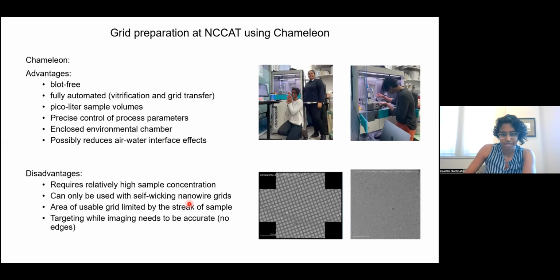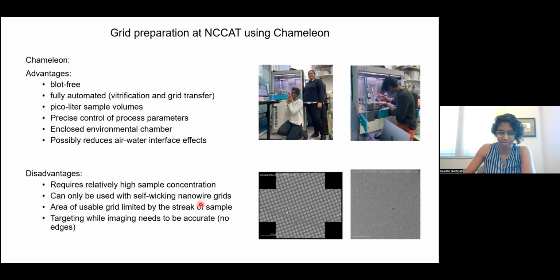Some of the disadvantages with this Chameleon, as I realized while I was working with it: it requires a relatively high sample concentration. We were using 10 micromolar samples of RNA, and then we can only use it with self-wicking nanowire grids.